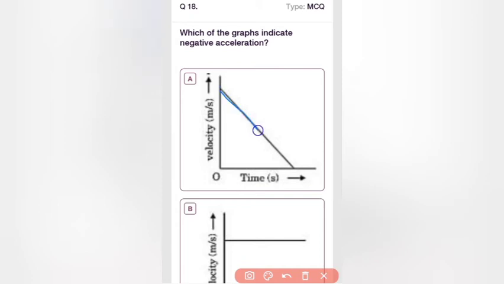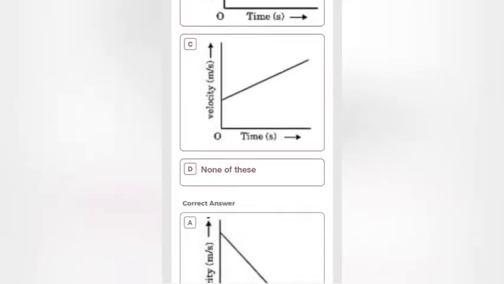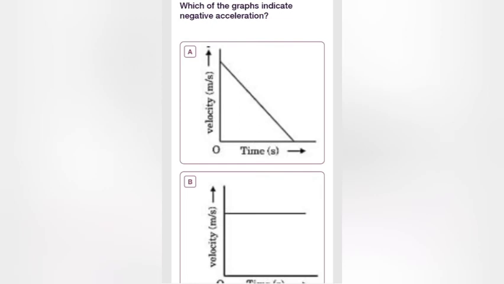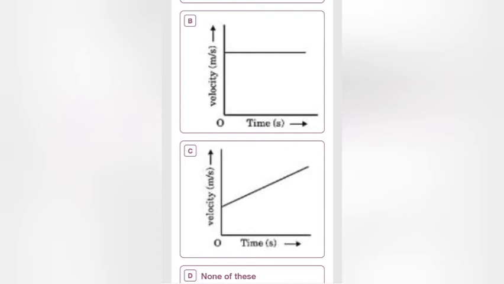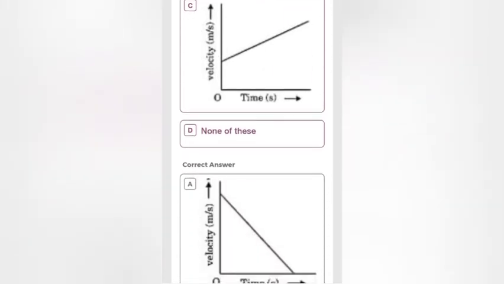Velocity is decreasing with respect to time. That is this. So option A indicates negative acceleration. Whereas here you find the acceleration is constant, and here you can find acceleration is increasing. So therefore option A is the correct answer.